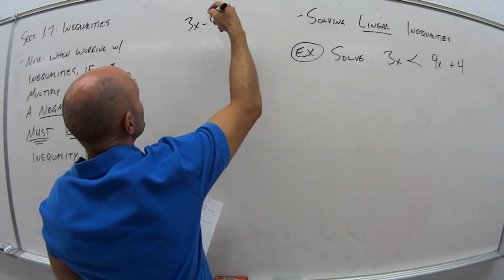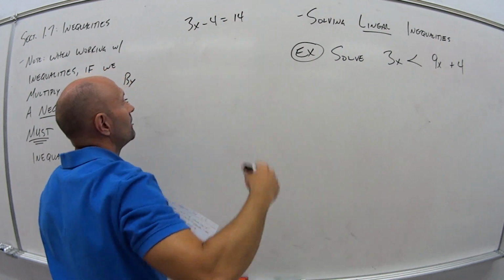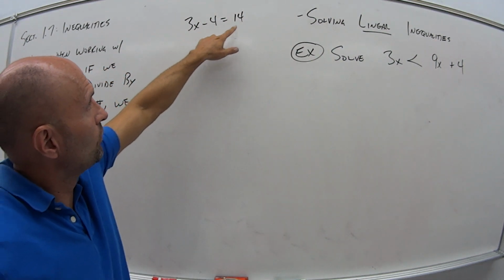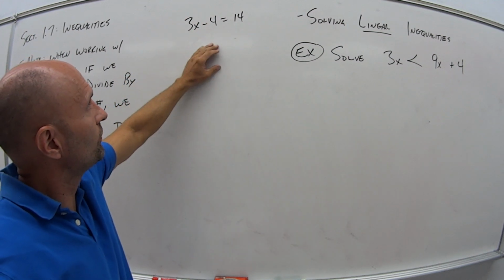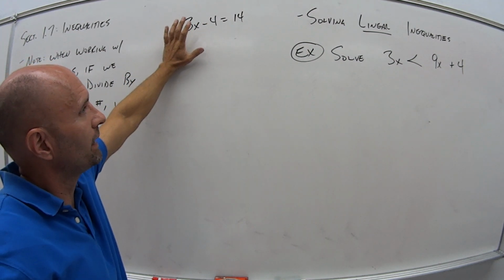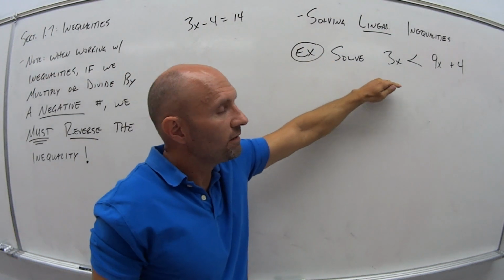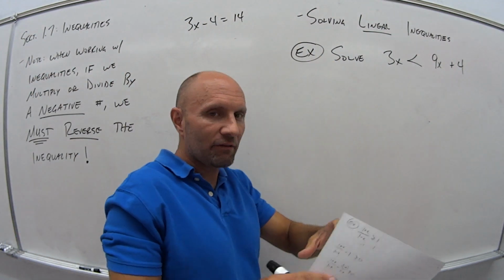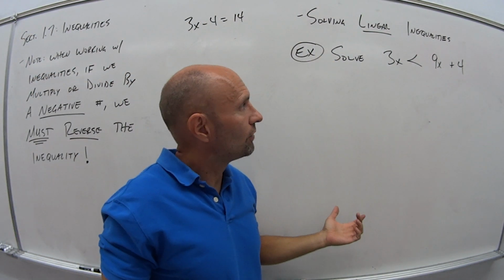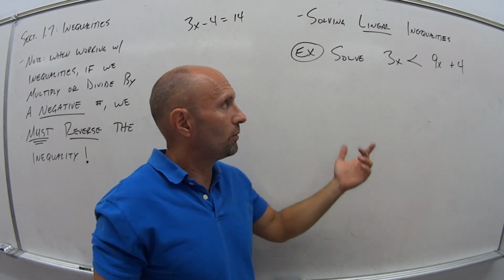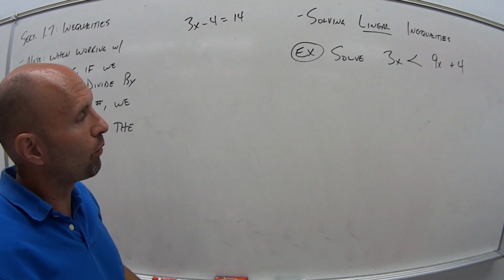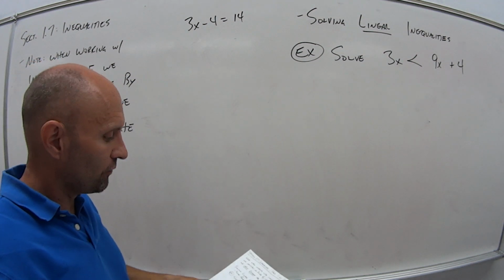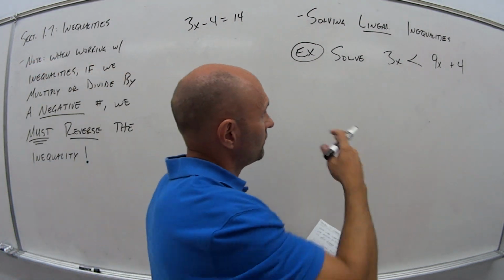So let's go with 14. So if I did that, I move the 4, I get 18. Divide by 3, 6. X equals 6. That's the only answer. With these guys, the inequalities, I actually have an interval as my answer because there's a whole bunch of numbers that will potentially give me a solution to this inequality. But again, solving it, I do the same process to solve.